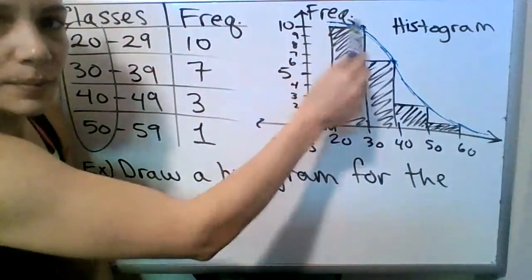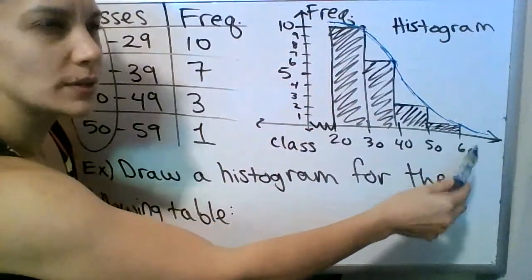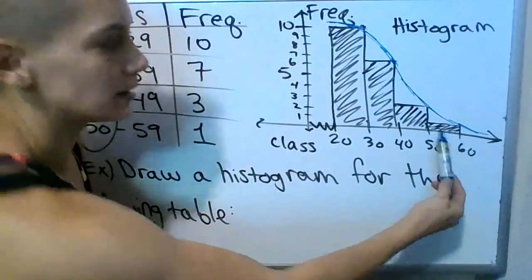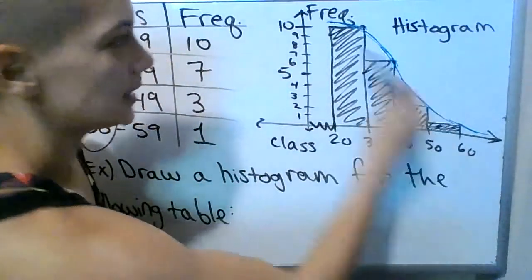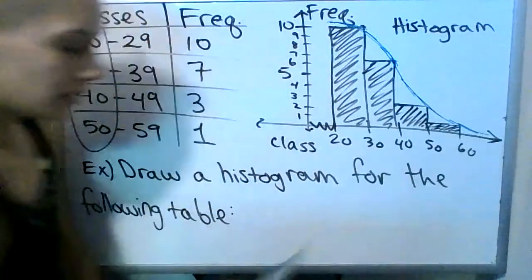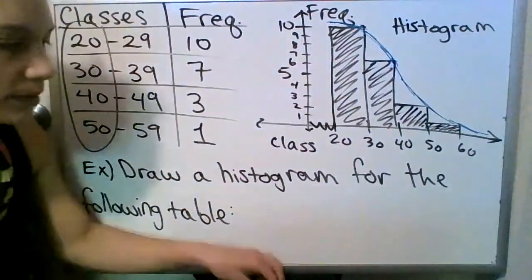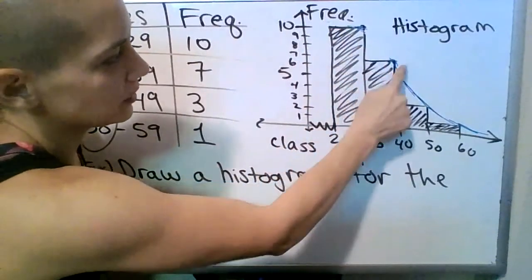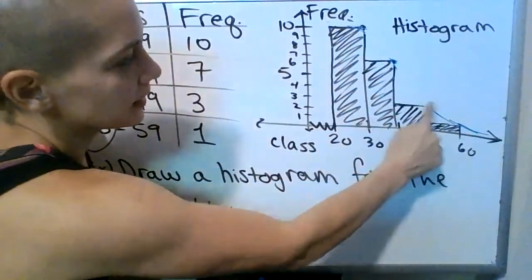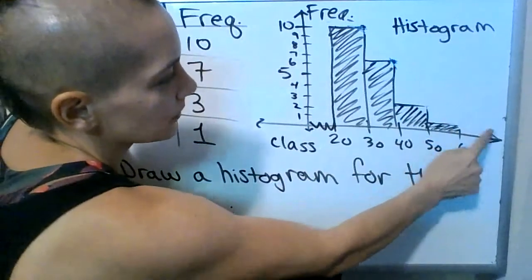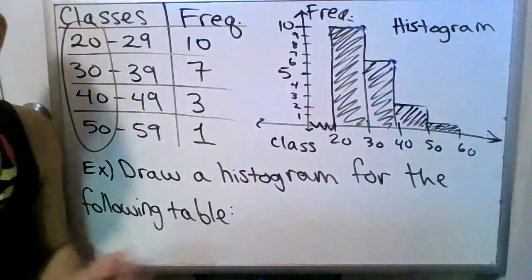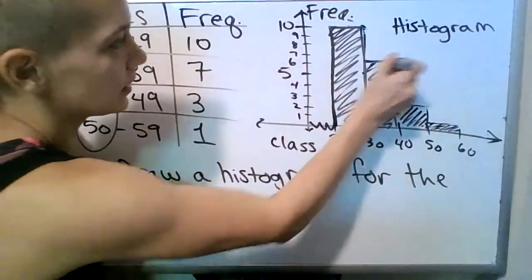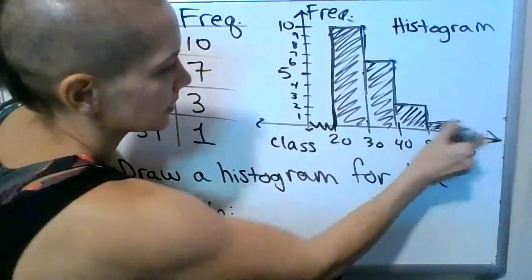And it comes up and down and over. So later we'll know that when what we call a tail is on the right side, this would be right skewed. And then there's left skewed and other types of shapes, but we'll get there soon, not today. For now, we're just sticking with the histogram with your bars that touch across the class.